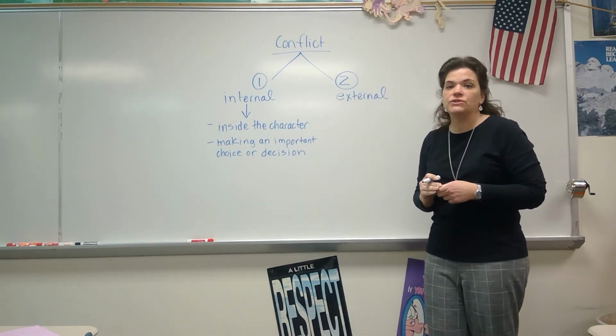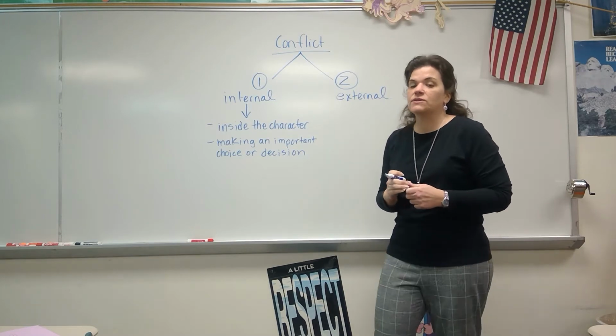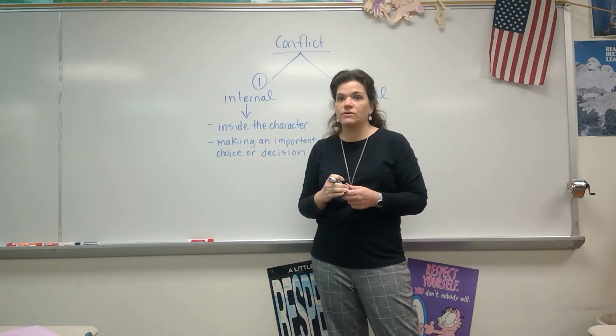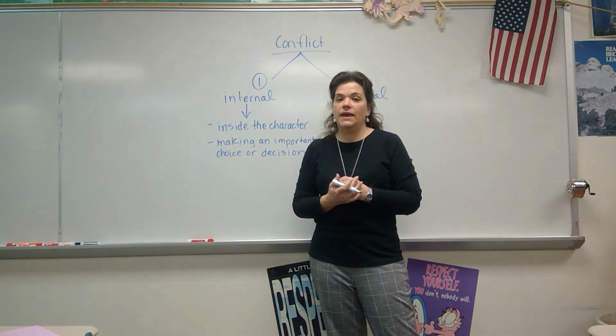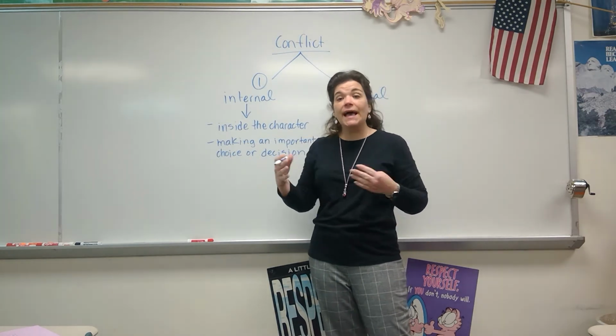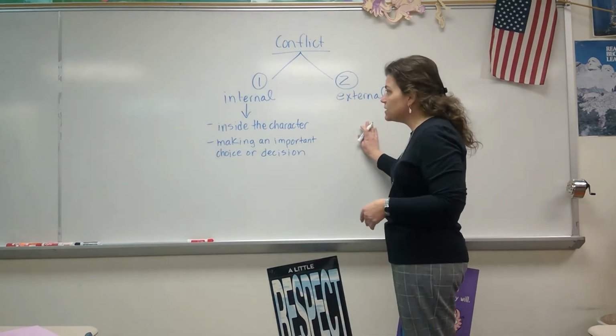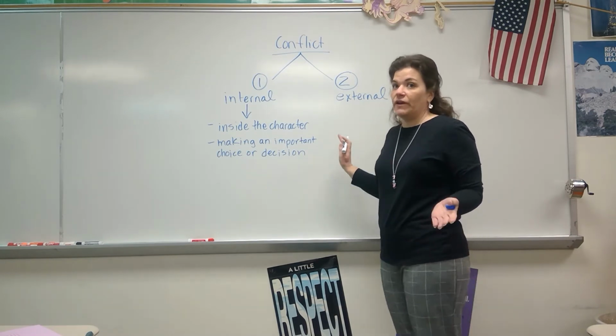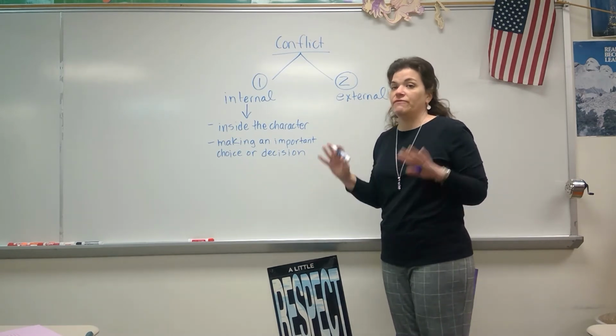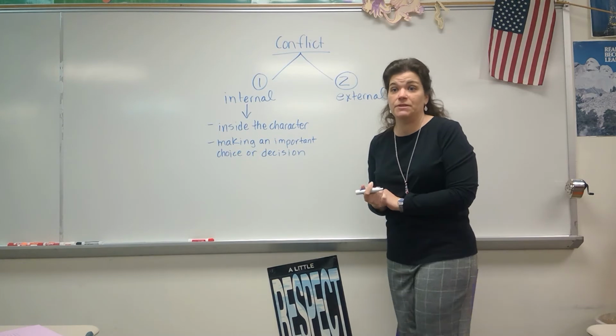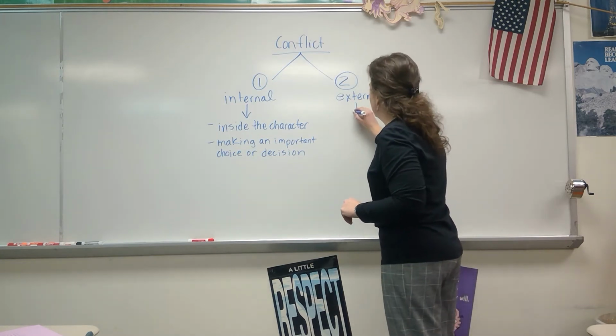Now, when the character is doing this, it's going to change the shape of what the story is going to look like always, okay? This is very different than external conflict. External conflict, the character doesn't have any control of. They don't get to make any decisions. It just happens to them. And that's what we're going to write down for this.